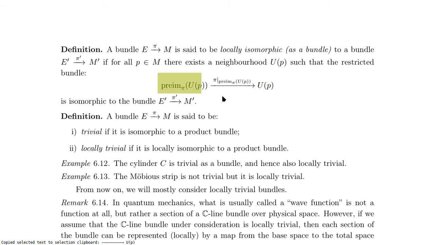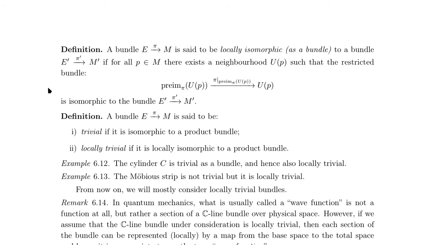And this is the restricted bundle, which is going to be isomorphic to the bundle which we want it to be isomorphic to, which is this one. This is basically giving you a local case of isomorphism between bundles.